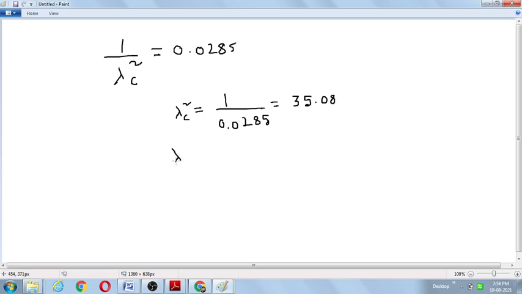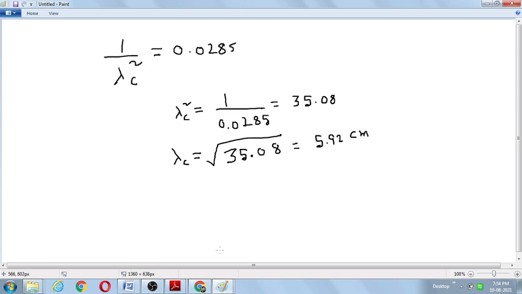So I want lambda c. Lambda c is equal to square root of 35.08. So we'll get 5.92 centimeters.